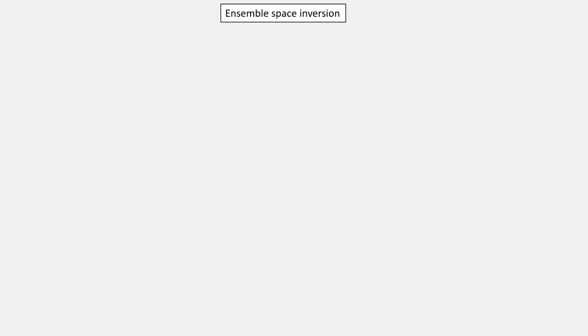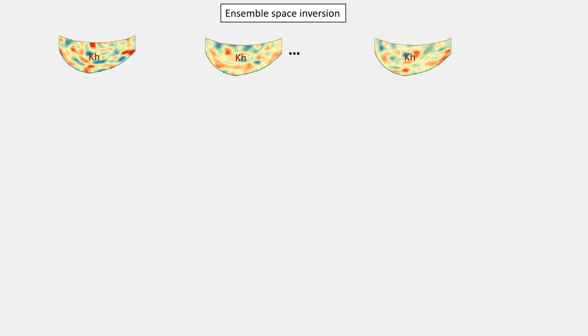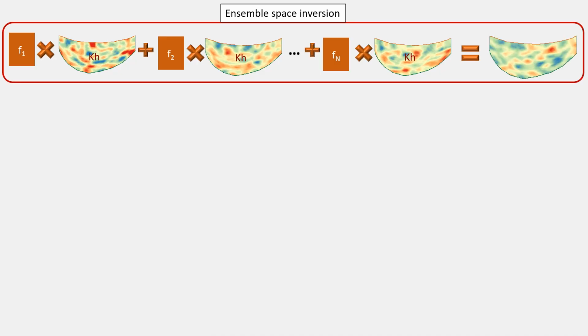ENSI works a little bit differently. With ENSI, we generate realizations of KH just as before. The final KH field, with which the calibrated model is endowed, however, is just a linear combination of the KH parameters if we design ENSI to operate this way.